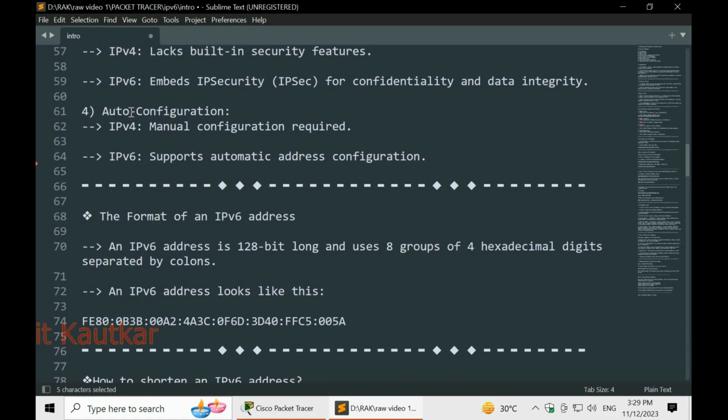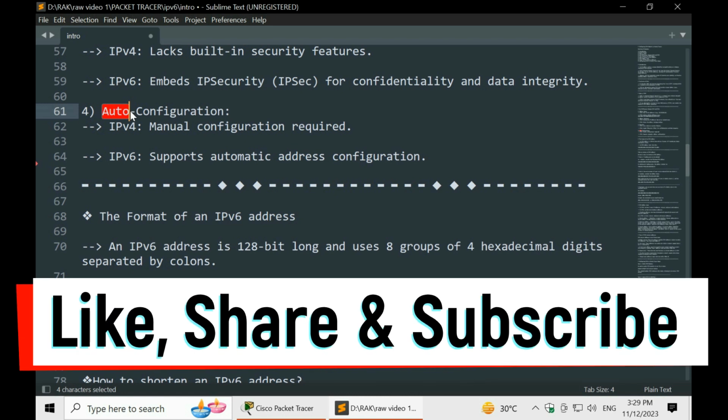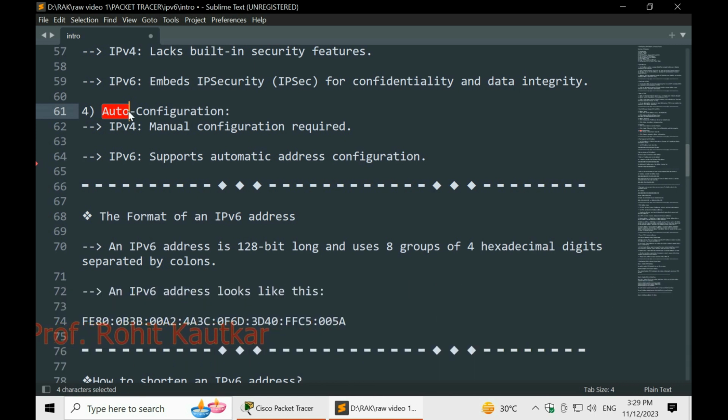One more very important feature in the list is auto configuration. In IPv4 there was no auto configuration feature. Everything was based on manual configuration, or we can say manual configuration was required. But in the case of IPv6, the hosts in the network can obtain their addresses and configure themselves with the IPv6 address automatically.